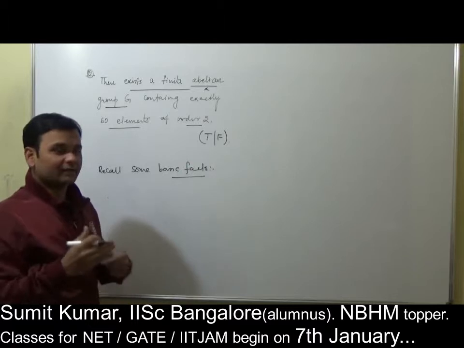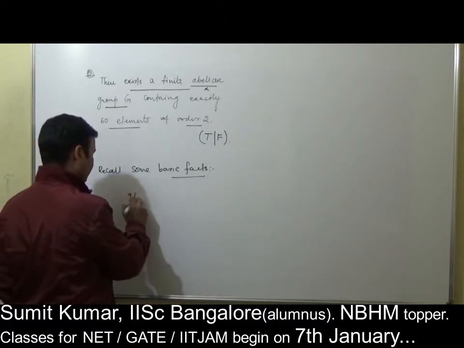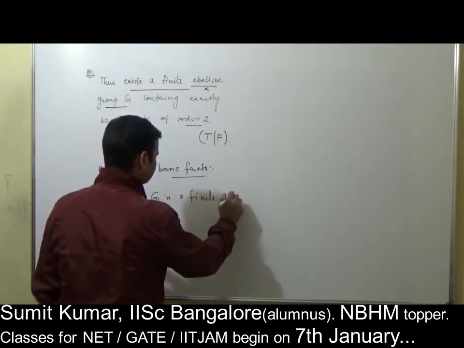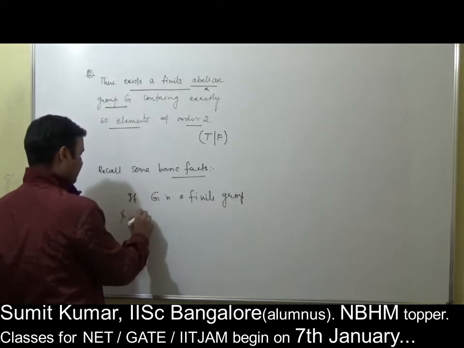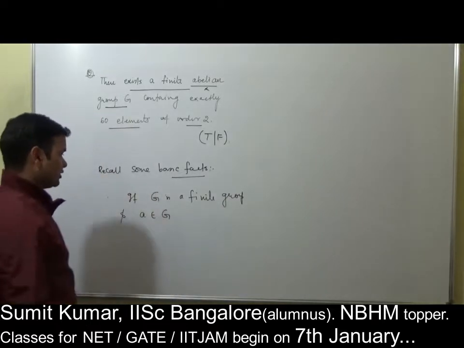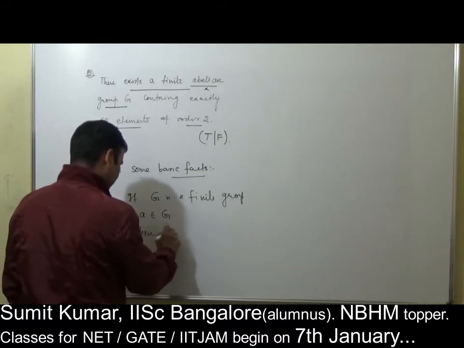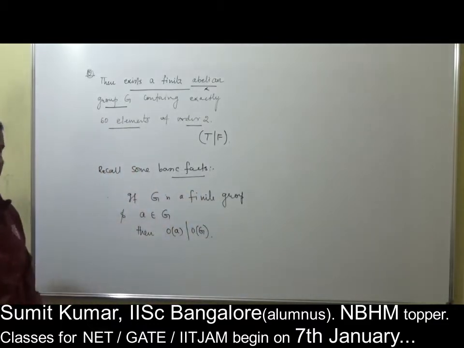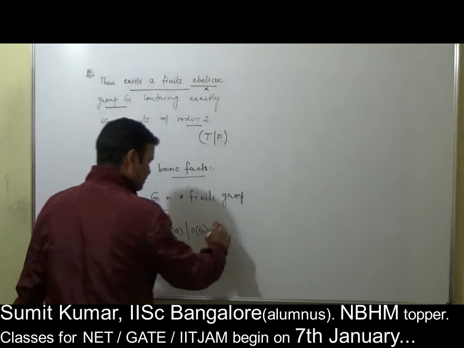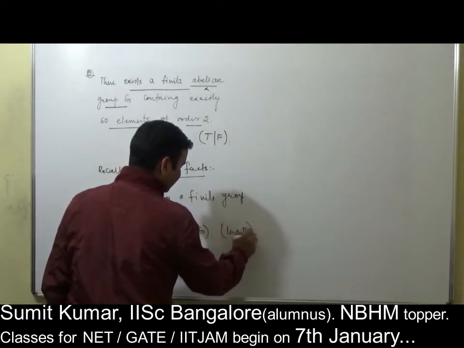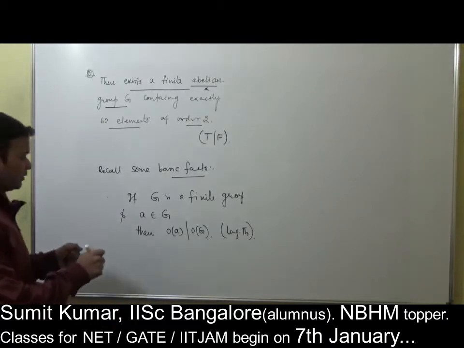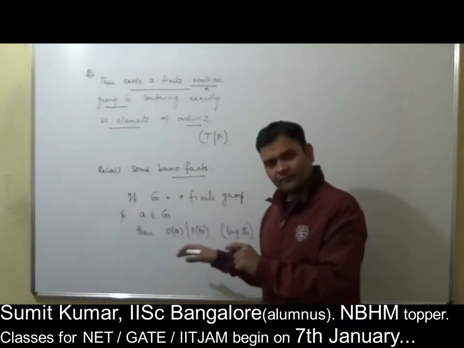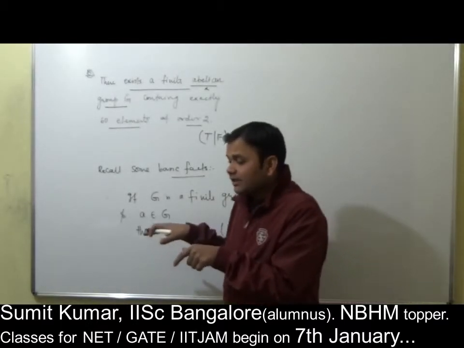If you are working over a finite abelian group or finite group, if G is a finite group and a belongs to G, an element of the group G, then the order of a divides the order of G. This is Lagrange's theorem, or rather its corollary. Very important theorem and very important results.